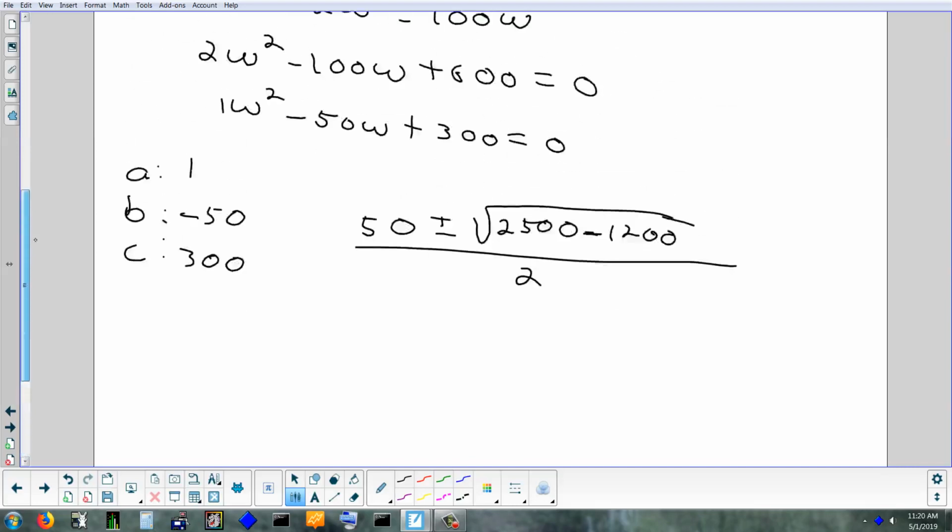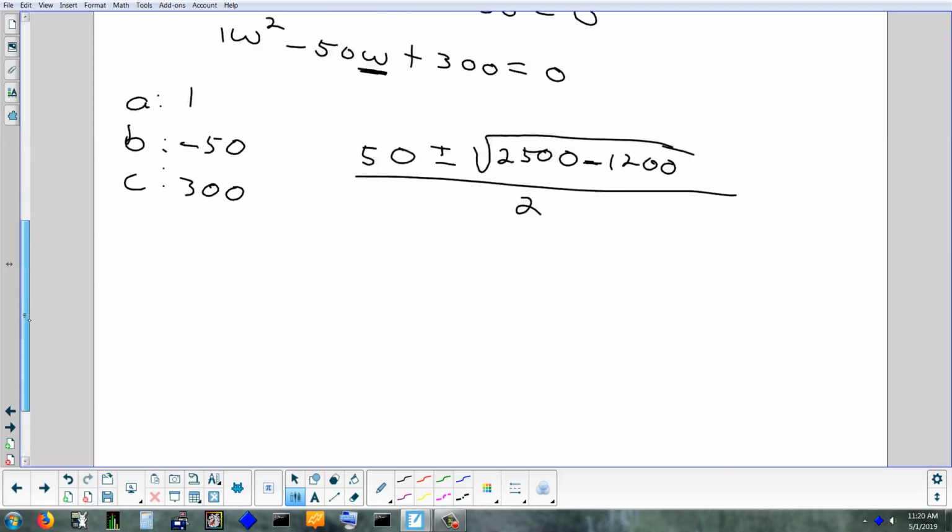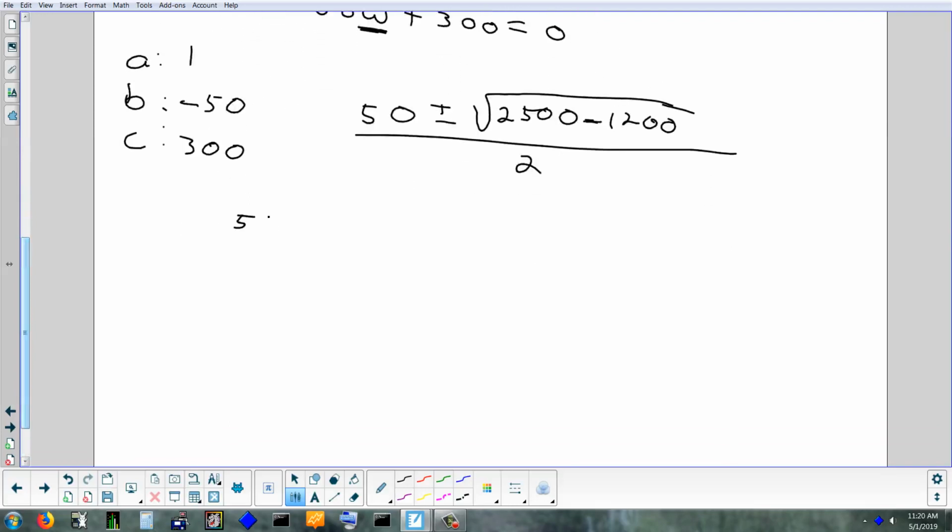Okay, keep in mind what letter I'm solving for. W. That's what I'm trying to find right now. I'm getting the width. 50 plus or minus the square root of, what's 2,500 minus 1,200? About that. There's 1,300 divided by 2.